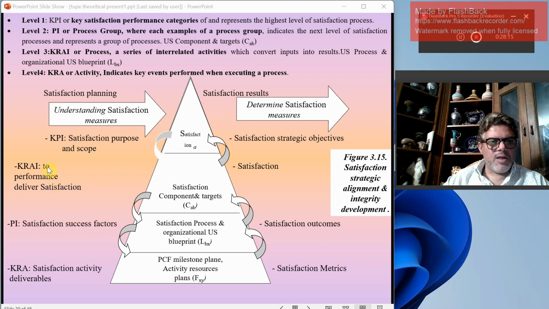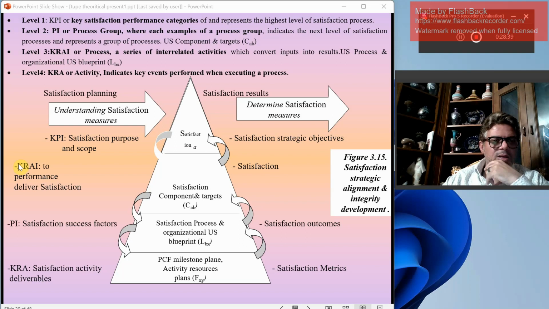So this is to deliver satisfaction performance. So see, even if I didn't read it for like 15 years, the semantics make you infer and question what you have written because it's not logical.